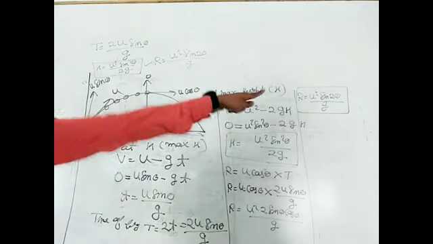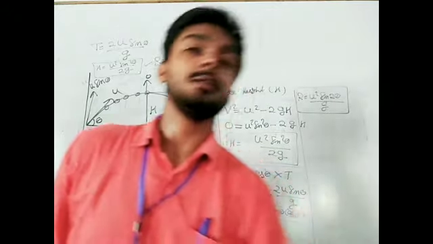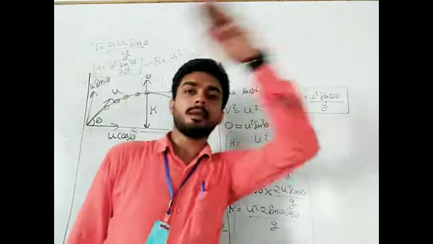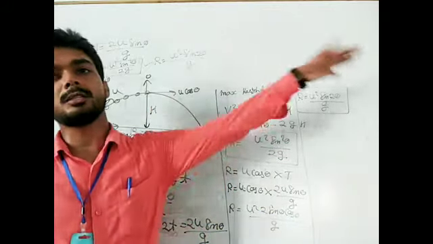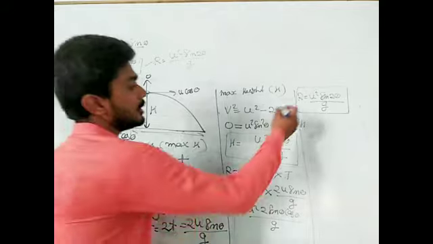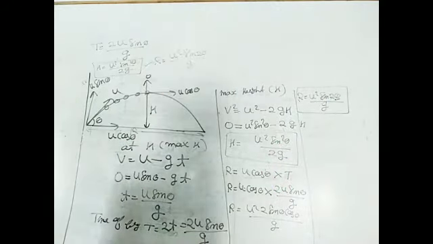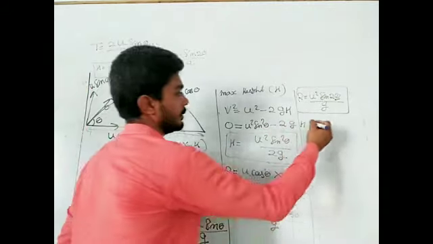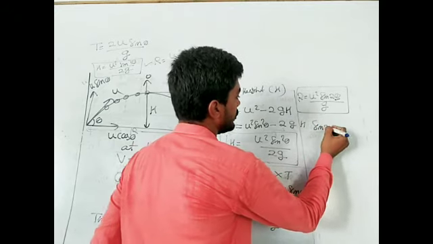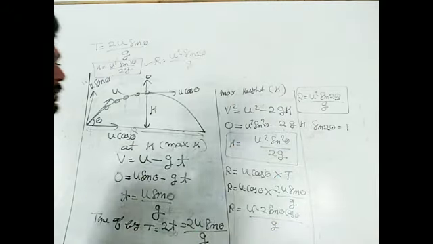Students, suppose you want the object to attain the maximum range, to go to the maximum horizontal distance. Then you can see r depends on sin 2 theta. If sin 2 theta is maximum, then r will be maximum. The maximum value of sin is 1.